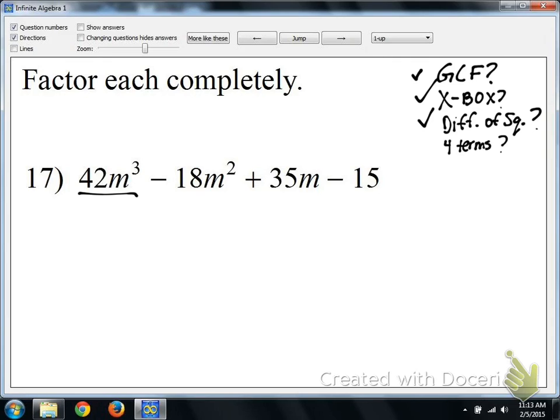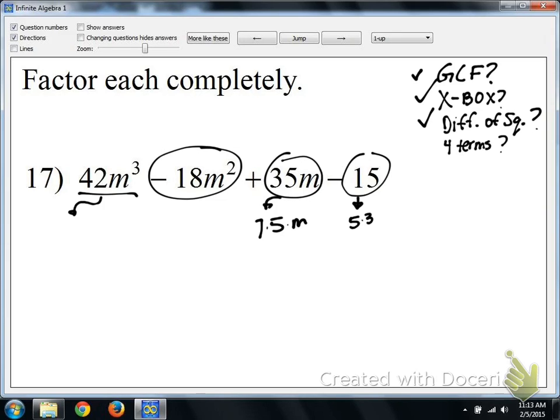So 42m cubed is like saying, let's see, we want some numbers that are relevant. 15 is like saying 5 times 3. 35m is like saying 7 times 5 times m. 18m squared is like saying 3 times 6 times m squared.